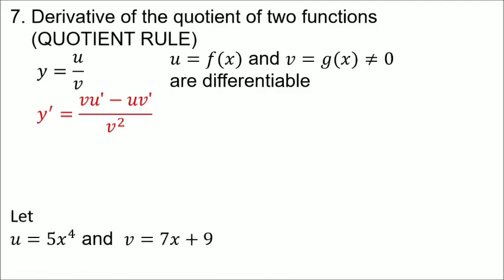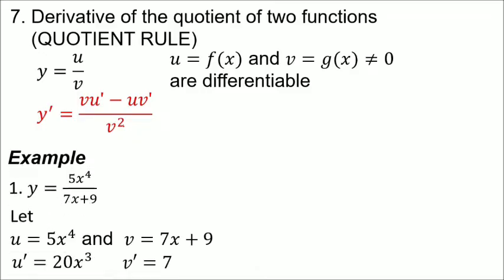So, we have here example. Bakit nauna na yung mga solution dito? Ayan, sige. Example number 1. Y equals 5x to the 4 all over 7x plus 9. So, we let u and v. Yung u, yung numerator natin. So, u equals 5x to the 4.